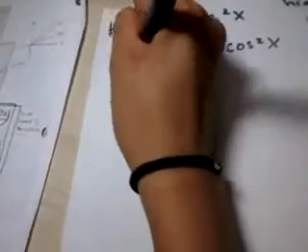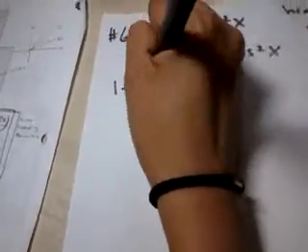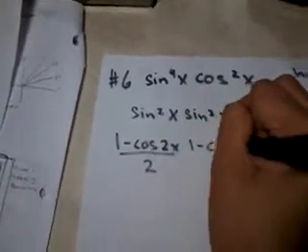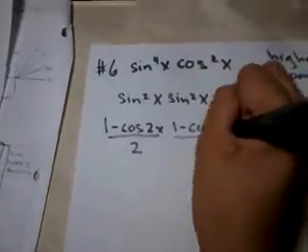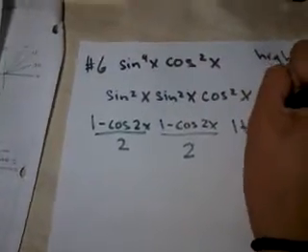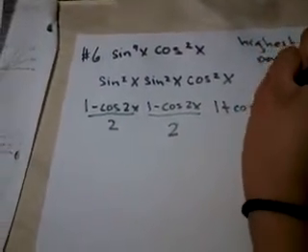So it would be 1 minus cosine of 2x all over 2 times 1 minus cosine of 2x all over 2 times 1 plus cosine of 2x all over 2.